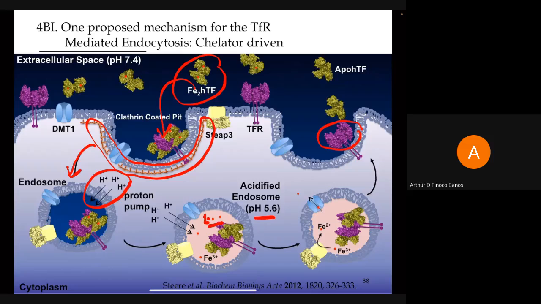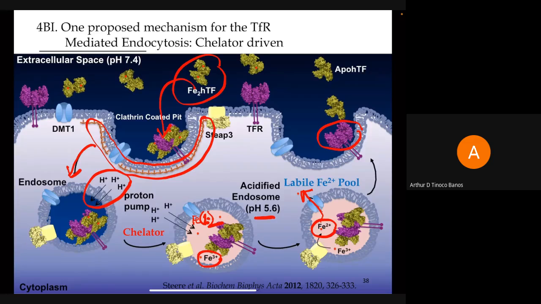But whatever the species is, that iron as iron 3+ will then get reduced to iron 2+. Then the divalent metal transporter will shuttle the iron into the cytoplasm, and now the iron is able to be utilized.